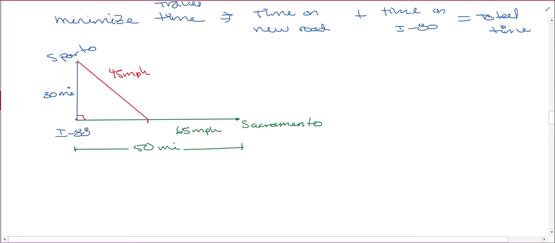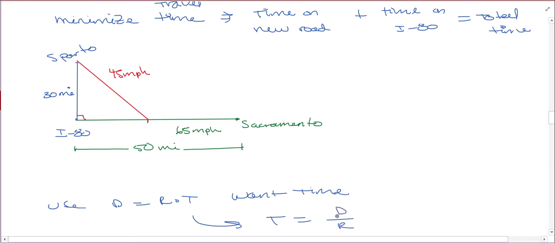We have distance, we have speeds, so we're going to use distance equals rate times time. Since we're looking for time, let's solve for time. Then time equals distance divided by the rate.